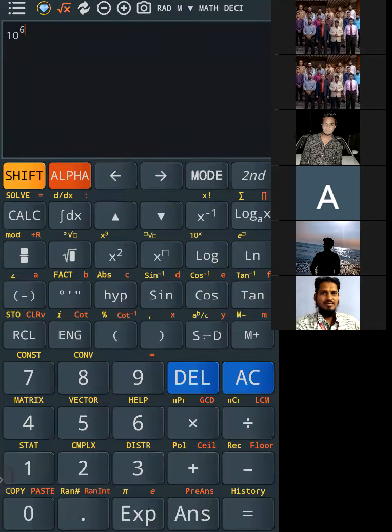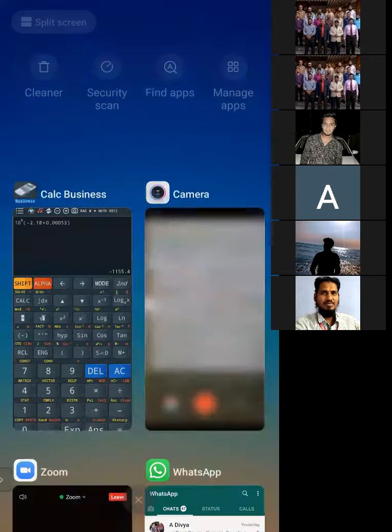Inside a bracket, what we have is minus 2.18 into 0.00053. So just check this value. How much are we getting? The value of T1 we are getting is minus 1155.4. This is the value which we are getting.